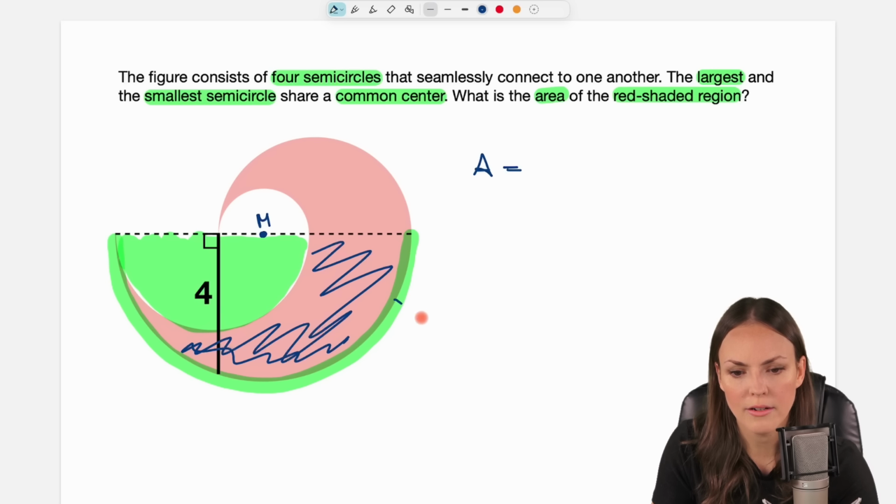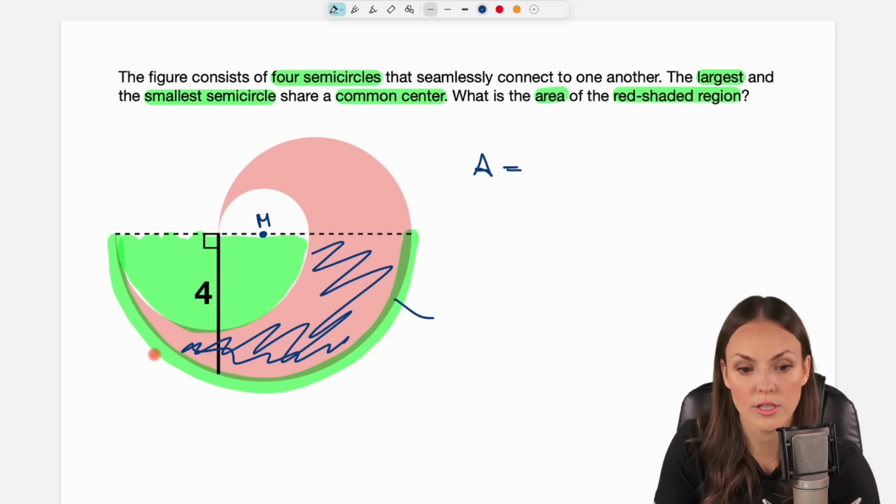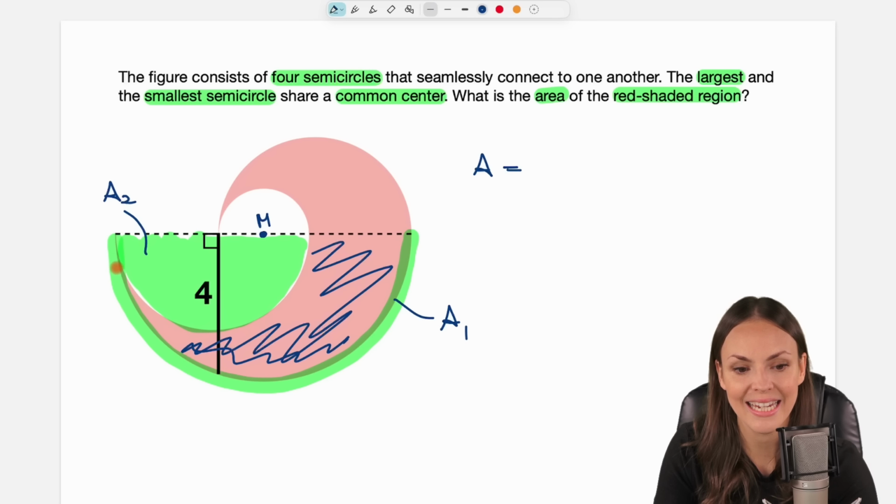Maybe let's call the area of this largest semicircle A1 and the area of this green semicircle A2. Then we find this red area here by taking A1, which would be too much, and then we have to subtract this green area here, so we have to subtract A2.